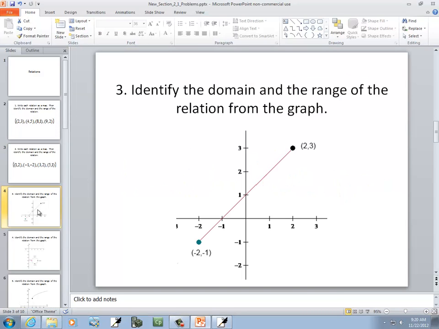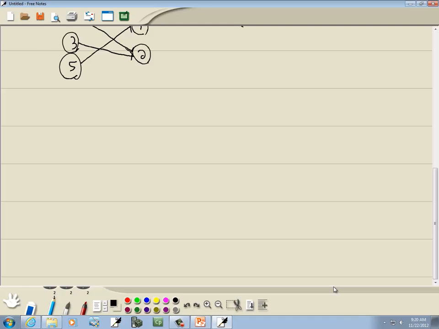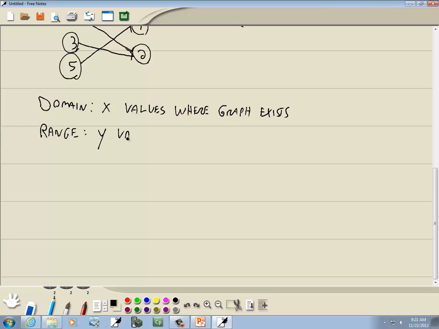Now next one gets into a graph. So let me put a little bit more of a definition down on domain and range. Domain is your x values where your graph exists. And your range is your y values where your graph exists.